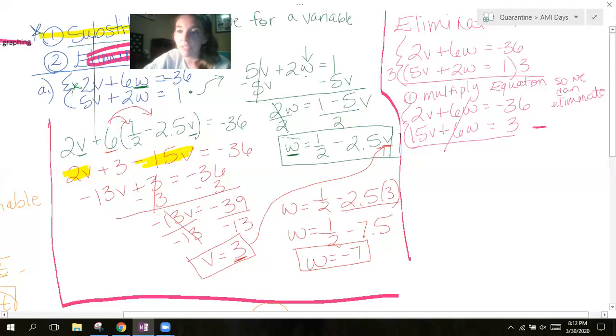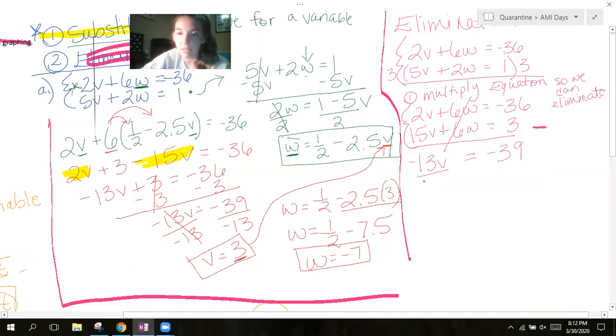Okay, so since I have to subtract, I have to do it to the rest of it to keep it the same. So I have 2 minus a positive 15, which gives me a negative 13v. We said those are eliminated, so it's just 0, and that equals negative 36 minus 3, which gives me a negative 39.